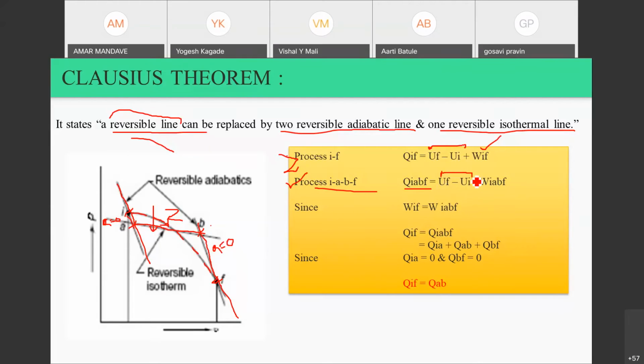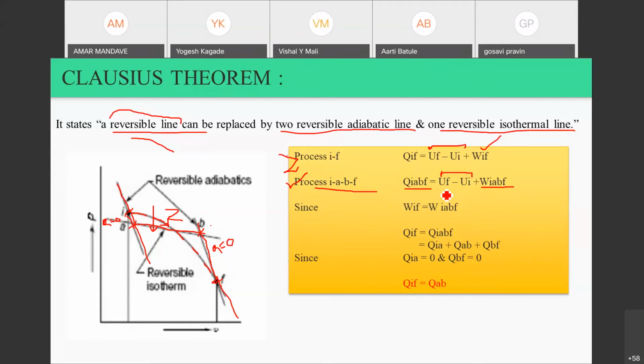As we know, internal energy is a property of a system, so the change during the process can be written by taking the difference between the final and initial state, plus the work interaction during these processes.